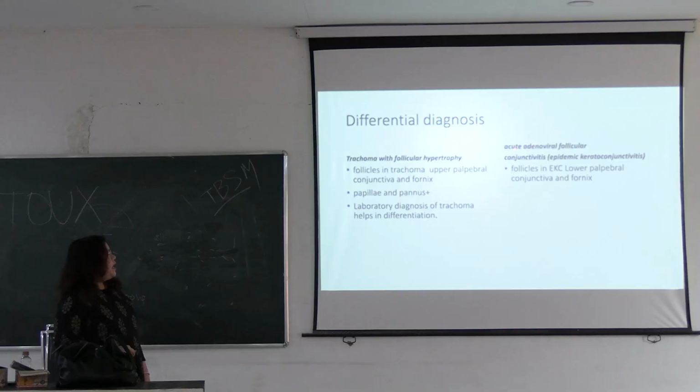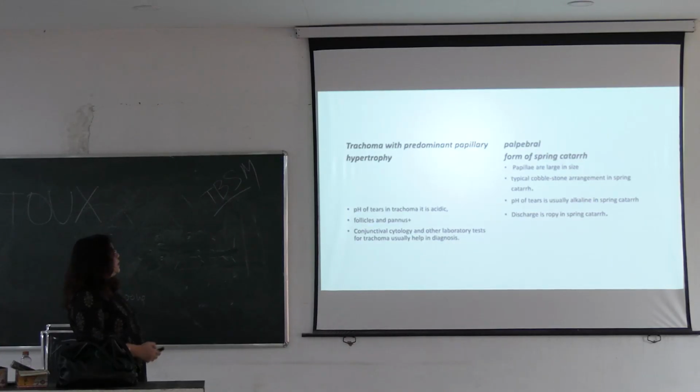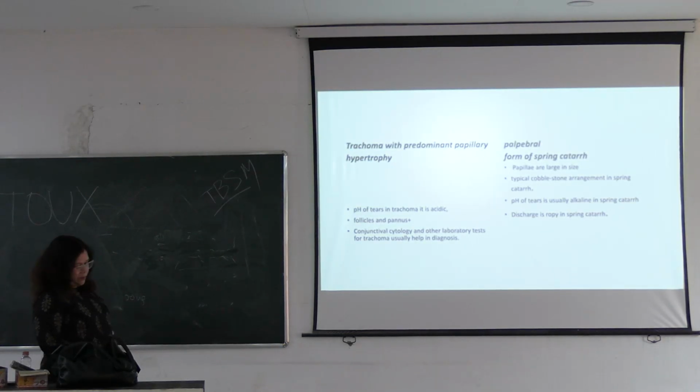But in adenoviral follicular conjunctivitis, it affects the lower palpebral conjunctiva and follicles. Pannus and papillae are present in trachoma, but absent here. Laboratory diagnosis helps to differentiate trachoma from acute adenoviral conjunctivitis.